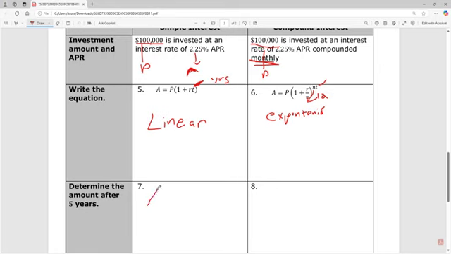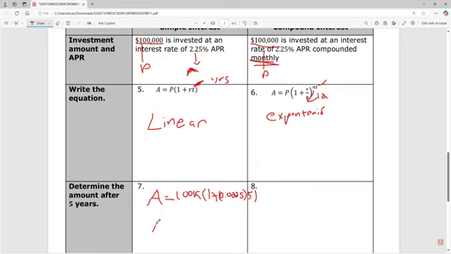So the amount it's going to be worth equals the principal, which is $100,000, right? Times 1 plus the interest rate of 0.0225 times the number of years, times 5 years.